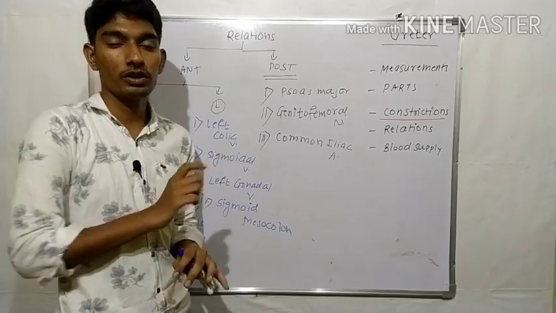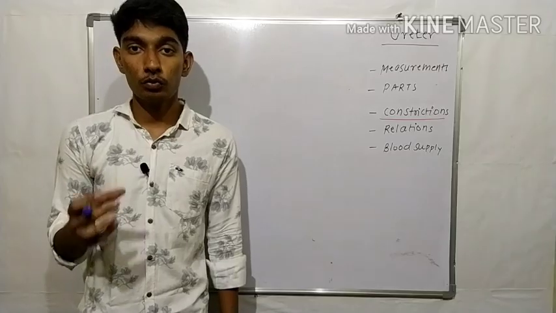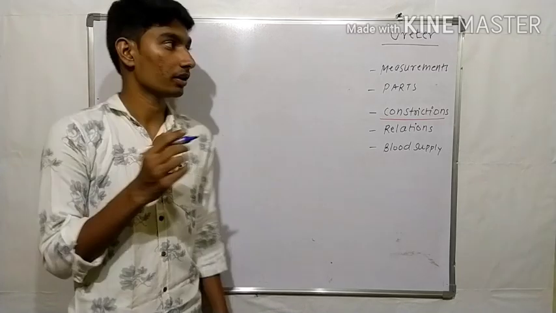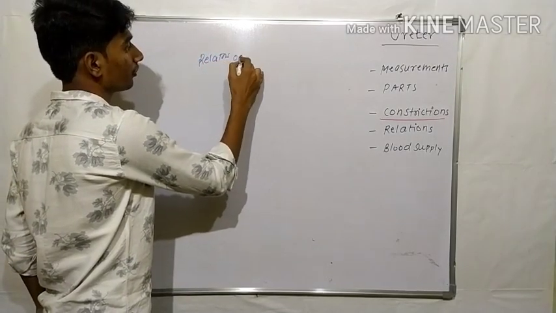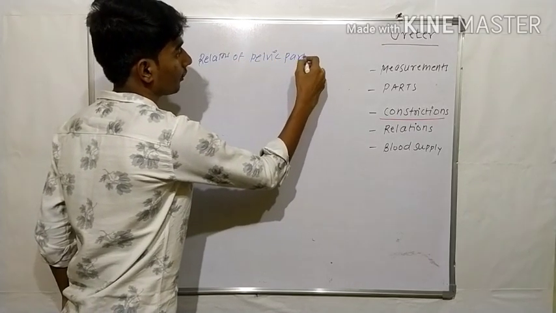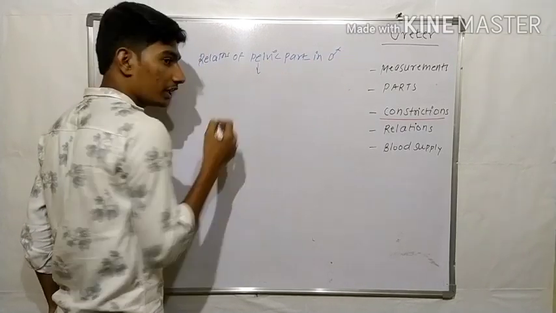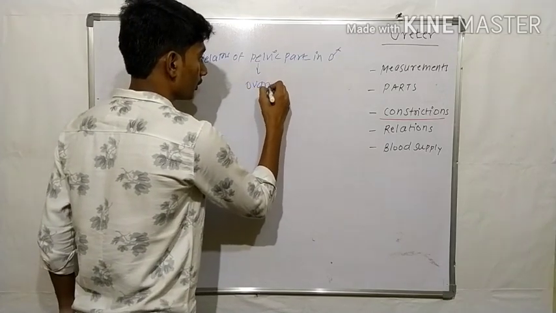This is all about the relations. Now we will discuss the relations of pelvic part of ureter in female. Ureter forms one of the boundaries of ovarian fossa.